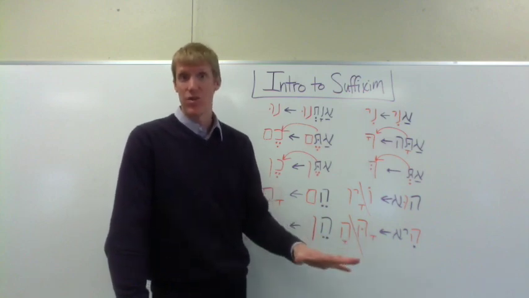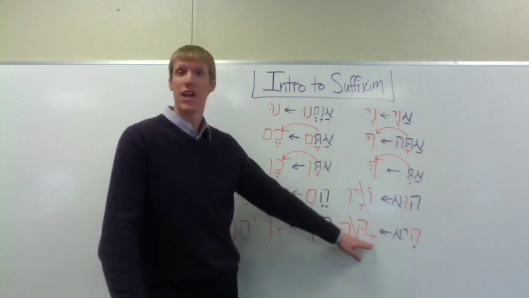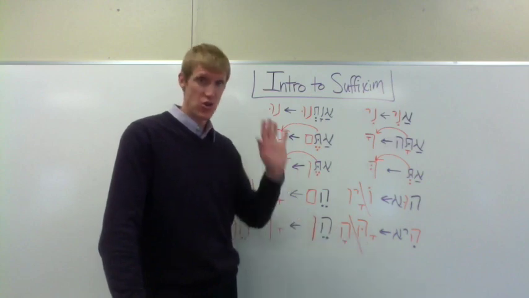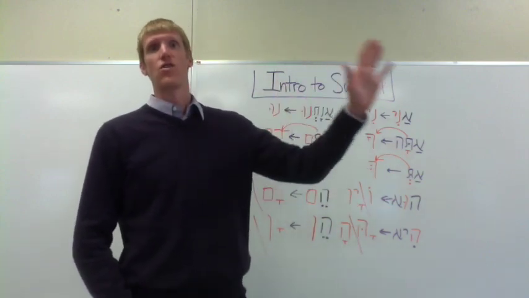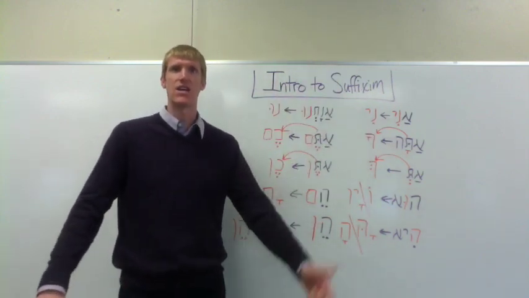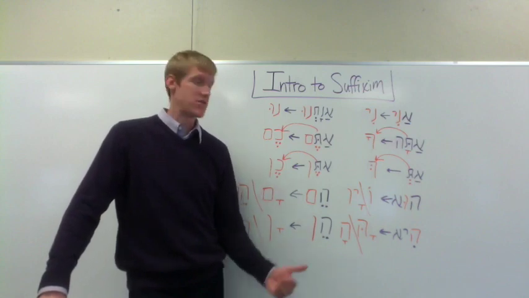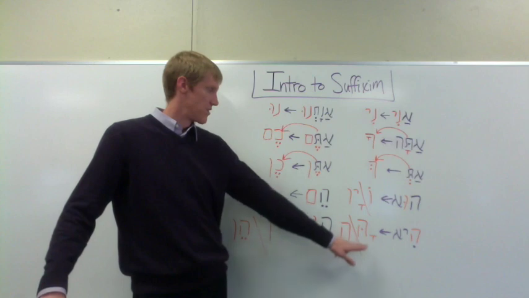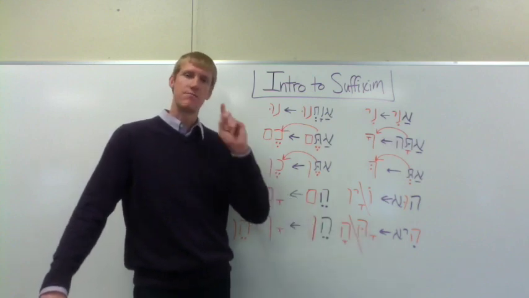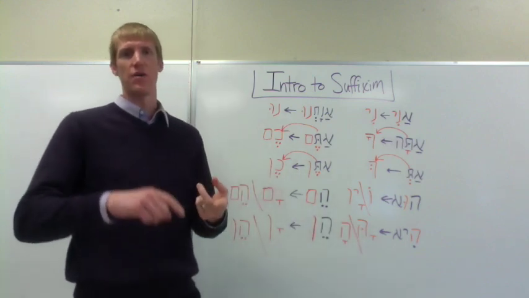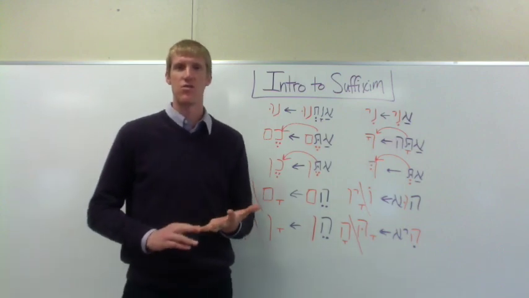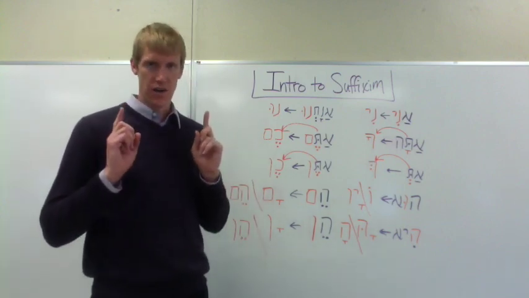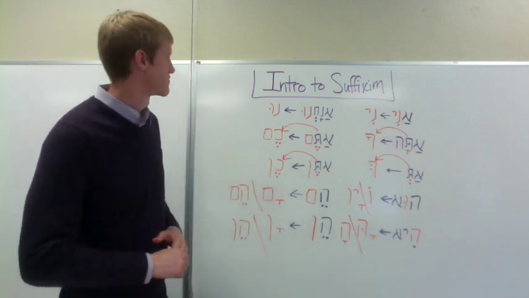Lots of words end with hey. In fact, lots of words end with kamatz hey. And you'll learn about all the other things a hey on the end of a word can mean, particularly a kamatz hey, later on in the course. But this mapik is saying, I'm not cohortative, I'm not directional, I'm not any of these other things. I'm a third feminine singular suffix.